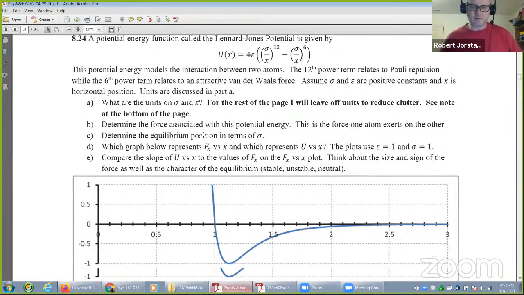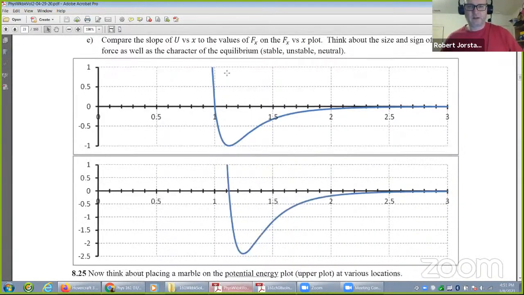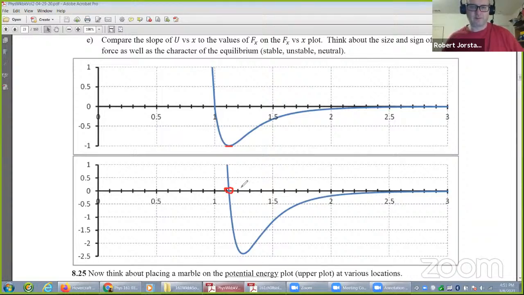And so right here, what do we get? Well, here I can look. The slope is 0. That corresponds to 0 force. Okay, so it seems plausible that this could be U and this could be F.